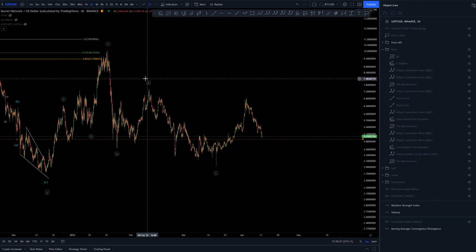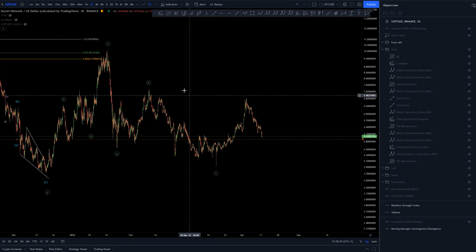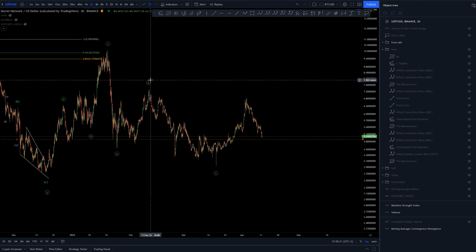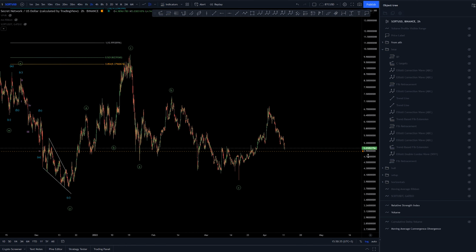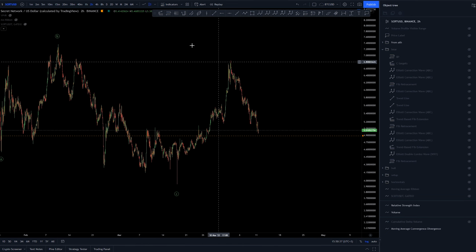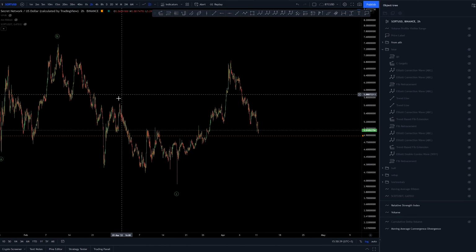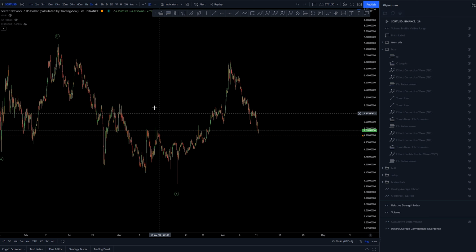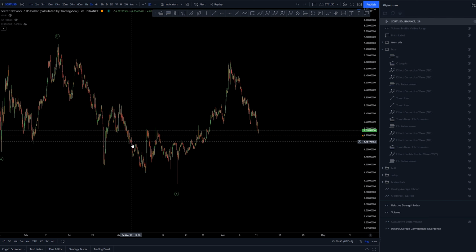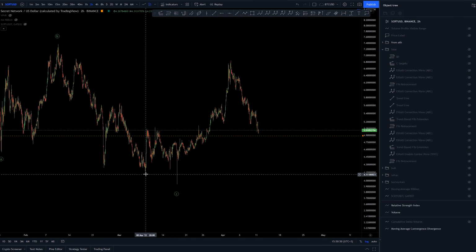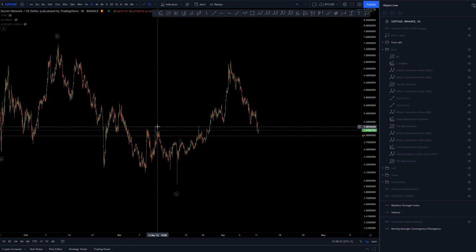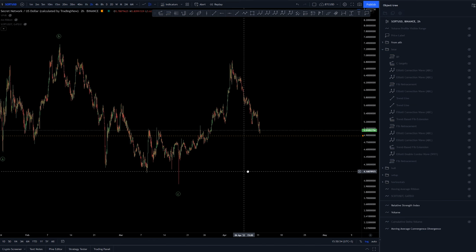Now if we are saying that this is a C wave, well, we can't really count it. We can't use Fibonacci extensions to make this last leg into anything. This looks more like a 3-wave action. This large wave here, then this 3-wave action, and this 3-wave action.